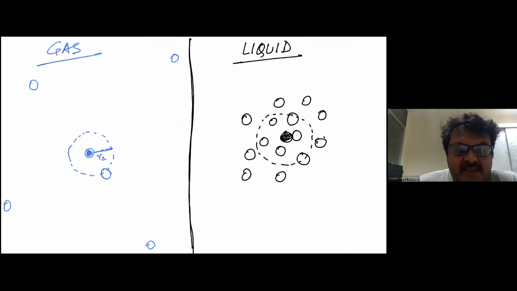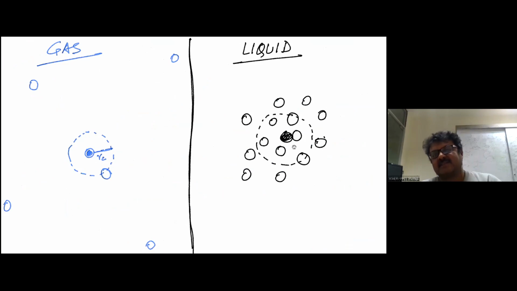So in doing this, remember that we are considering only pairwise interaction between two particles, which is very valid for a gas, but in a liquid, you are going to have a situation like this, where this is interacting with this, and even this could be interacting with this, and this could be interacting with other particles.